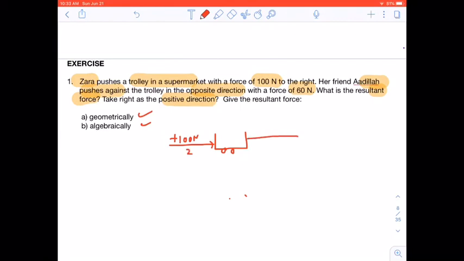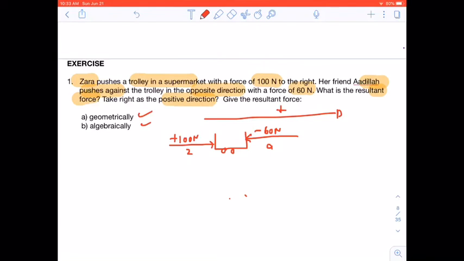There's Zara, and this side is Adila, and that is minus 60 newtons, since we say that direction is positive and the reverse is negative.